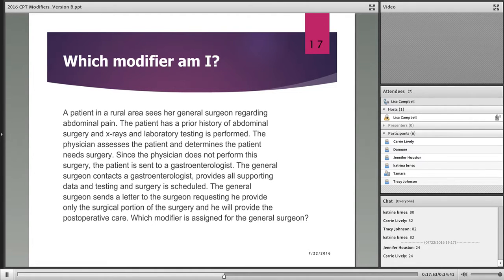The general surgeon contacts a gastroenterologist who provides all the supporting data and testing and surgery is scheduled. The general surgeon sends a letter to the surgeon requesting he provide only the surgical portion of the surgery and he will provide the postoperative care. So which modifier is assigned for the general surgeon?